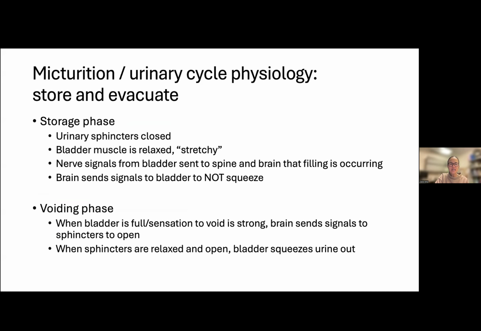We're voiding only a few times a day, some of us more than others. The vast majority of our time is spent in storage, and so many of the urinary complaints that people come in with are related to difficulties in storage, as well as difficulty in evacuation.